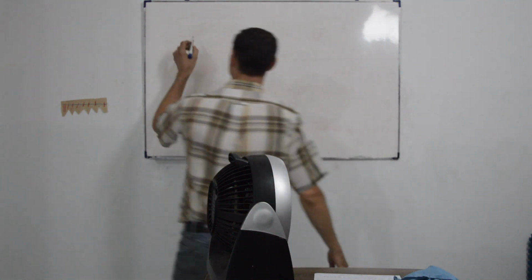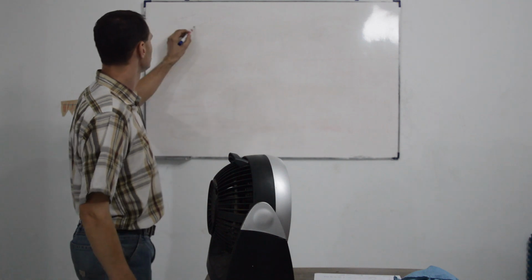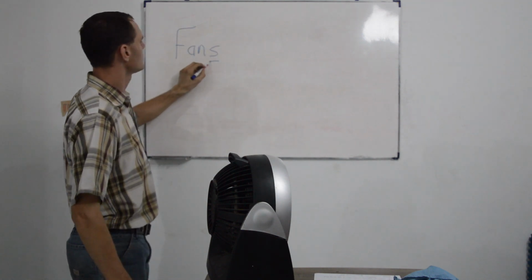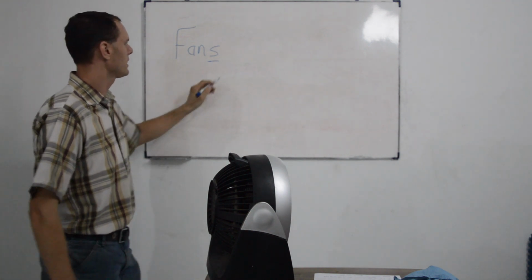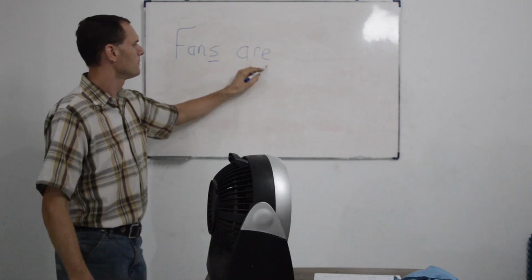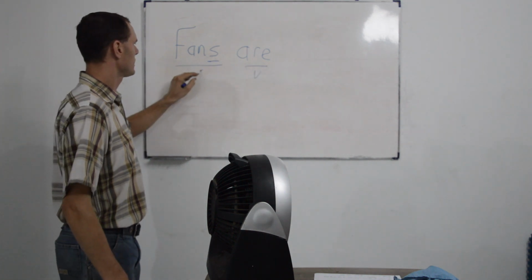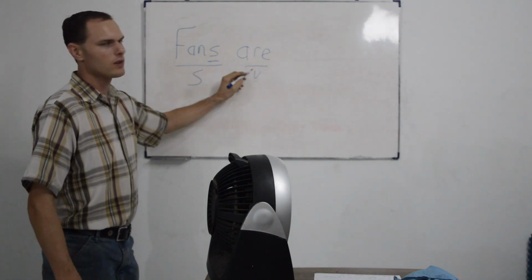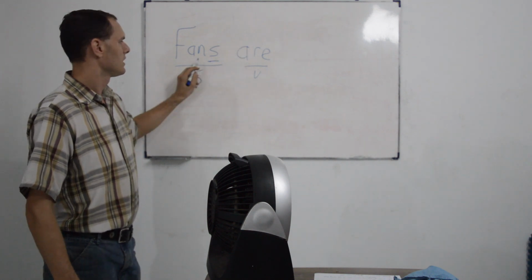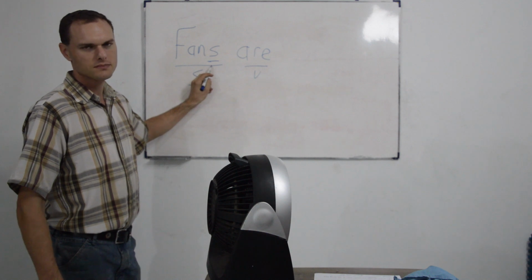Let's do fans. Now notice plural here. Fans are. Now notice again, here's your verb. Here's your subject. Now the verb here is are, not is, because the subject is plural.